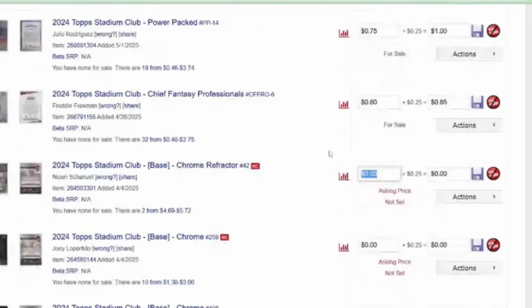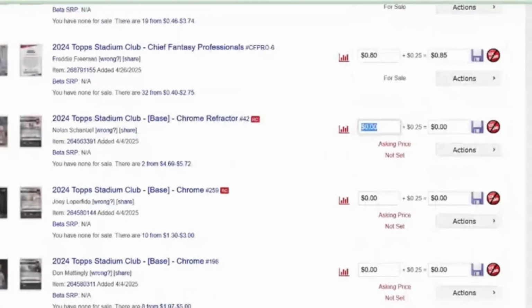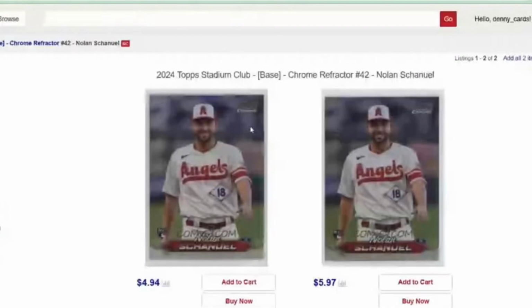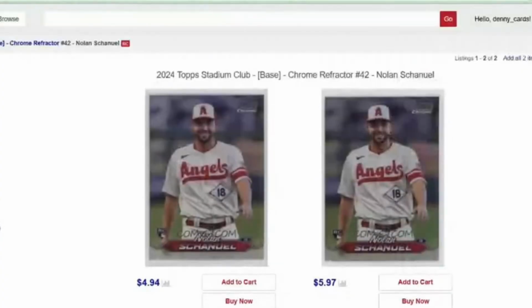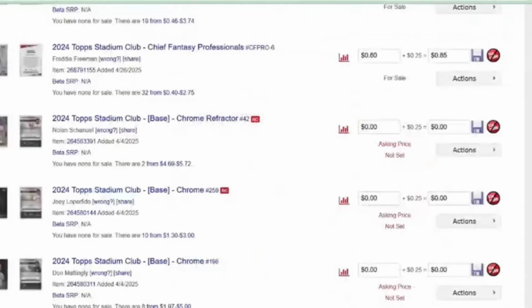Well, this one might be fun. It's a Nolan Schanuel 2024 Topps Stadium Club Chrome Refractor, because there are two from $4 to $5. So I'm going to try to do this one. I'm going to do a loss leader on this one, I think. Let me do $4.75. Let's just try something different here.